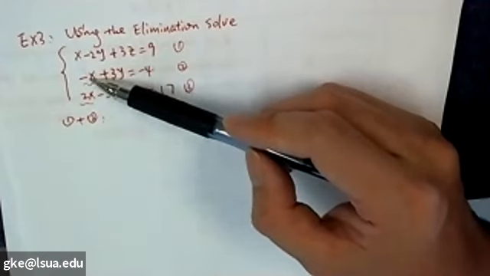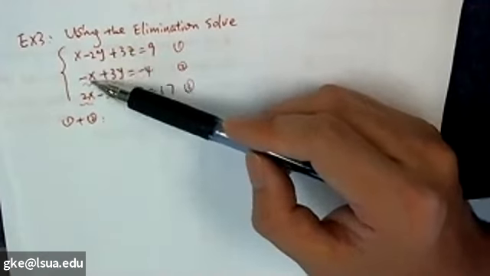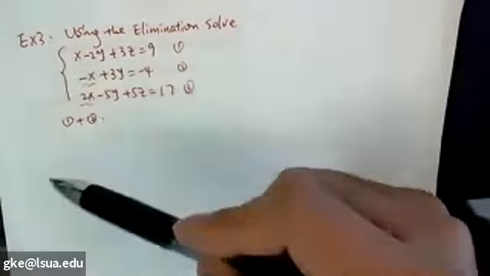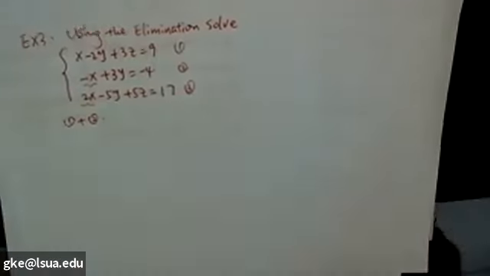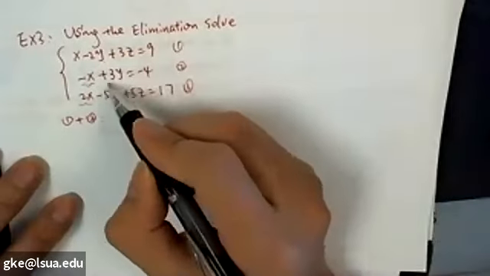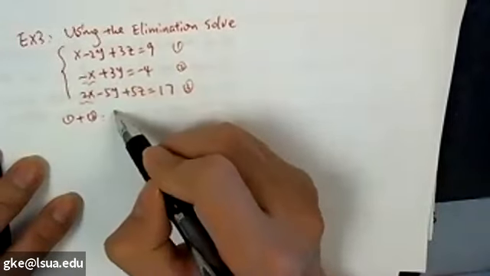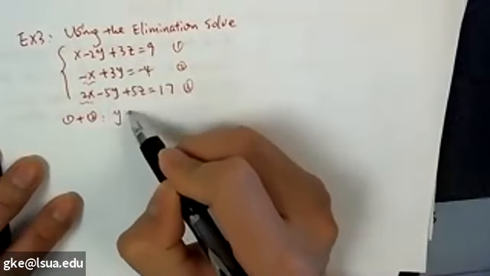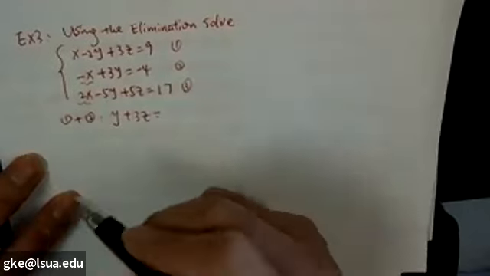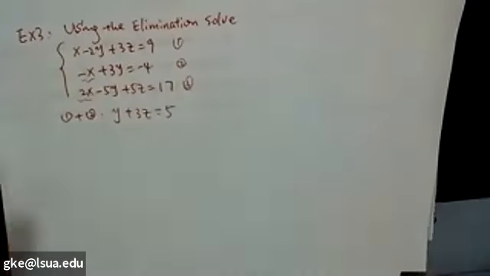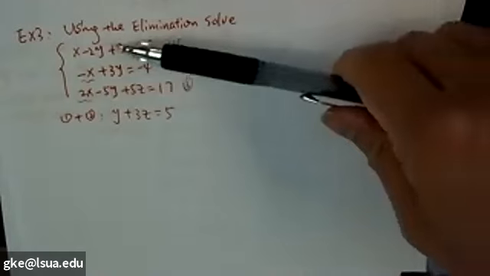Clear? x and negative x. So just add it together. x minus x gonna be 0, right? So negative 2y plus 3y gonna be y. 3z here. And 9 plus negative 4 gonna be 5. Understood? Just add it together.